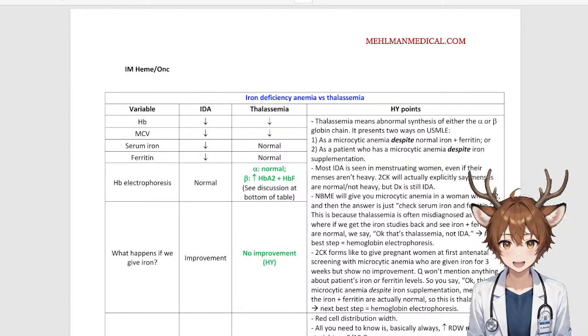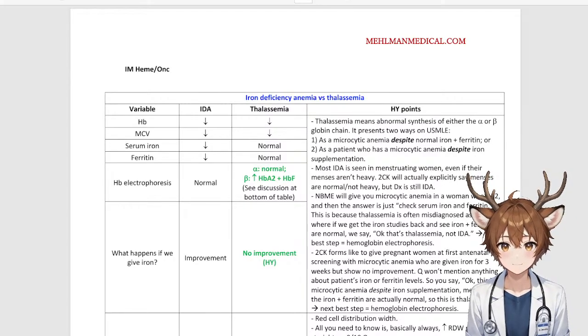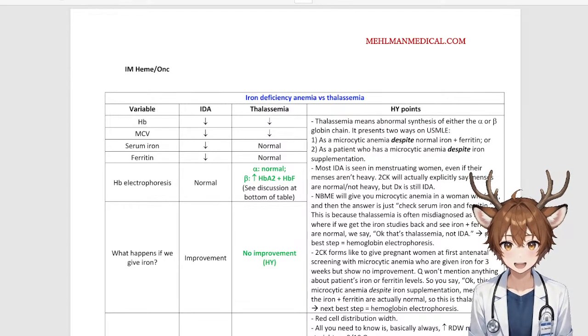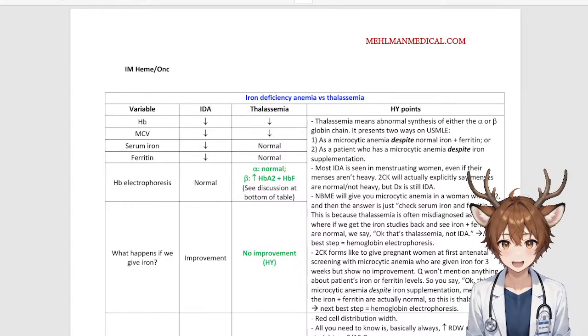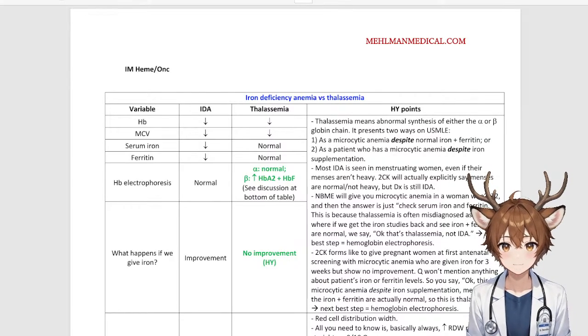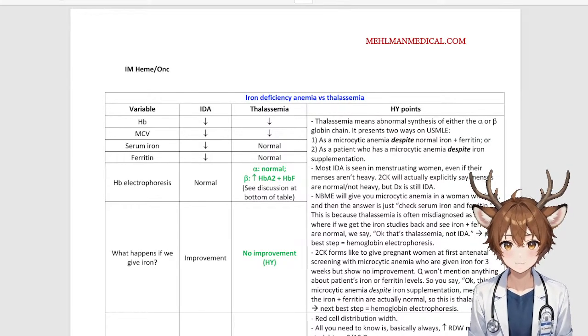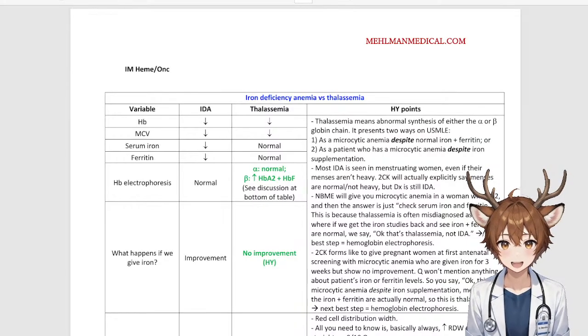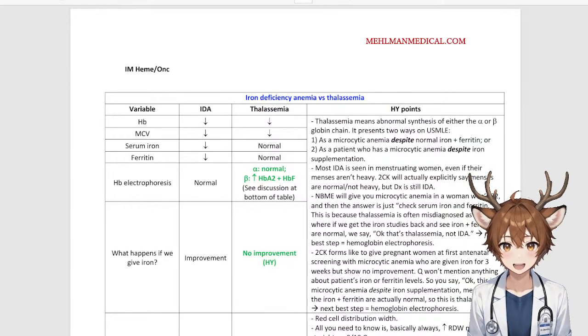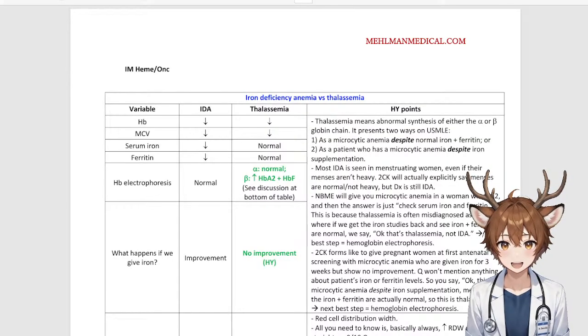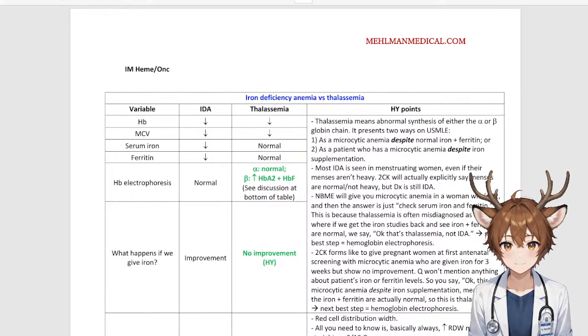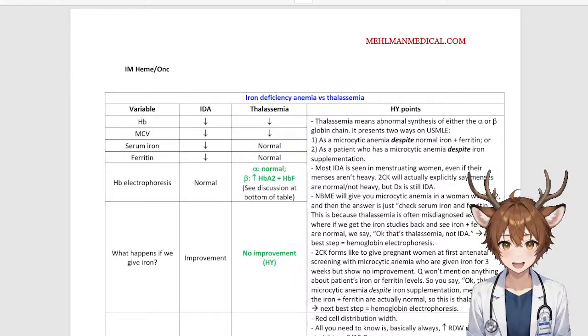And so you have this elevated HbA2 and HbF because the normal HbA is deformed, essentially. It's not the way it should be. And so you can see this holdover of HbF for longer than it should be. I'm not so sure about HbA2, if that's just a normal variation. I think it is, but we'll talk more about it at the bottom of the table.